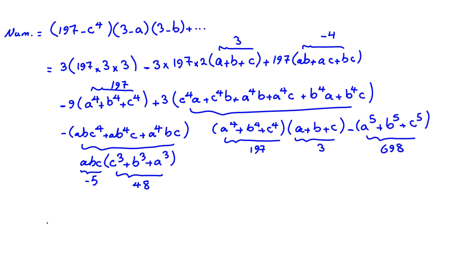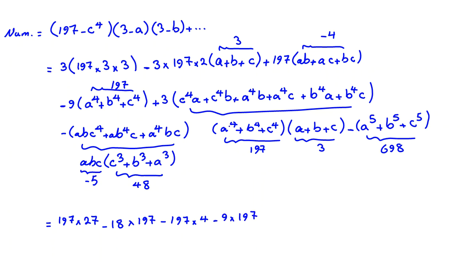So if we calculate, it will be 3 cubed is 27, 197 times 27. 3 times 2 is 6, 6 times 3 is 18, minus 18 times 197. The next one plus 197 times negative 4, or you can say minus 197 times 4. The next one 1 minus 9 times 197.